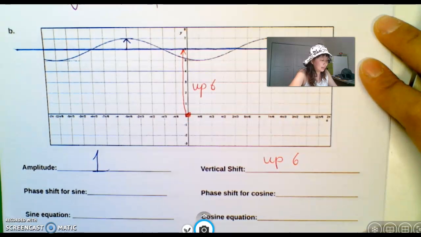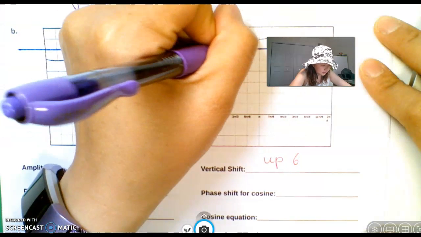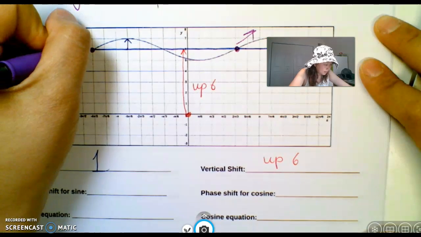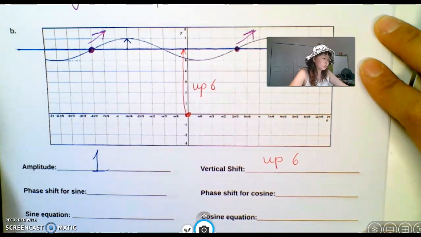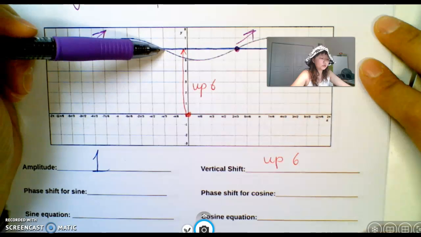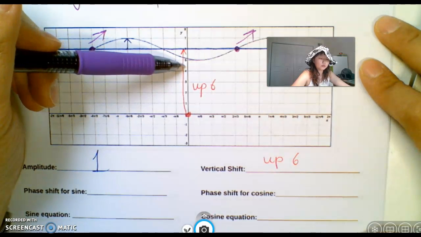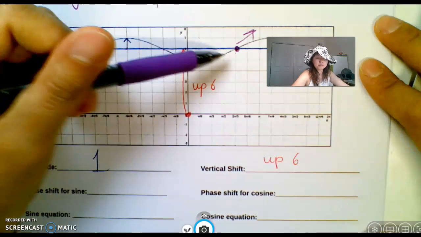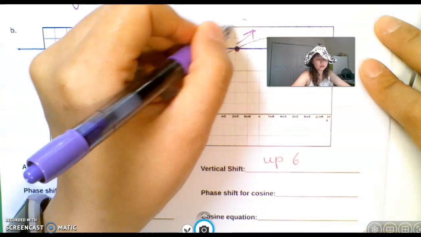Phase shift for sine. You go to the middle line and find the point where it goes up. No, you don't pick this one because from here it goes down. Sine goes up first, so this or this. You don't have to tell me both. I'm going with the right point.